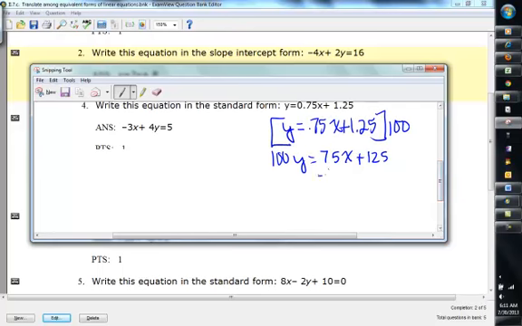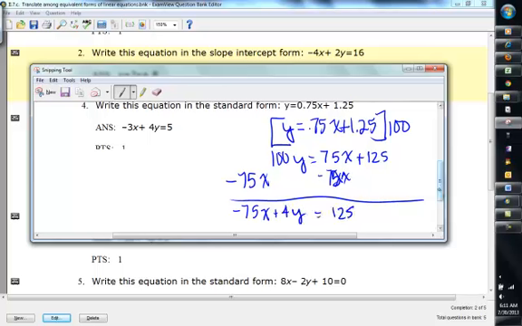Now let's subtract 75x from both sides. Oops, 75x. And we get negative 75x plus 100y equals 125.